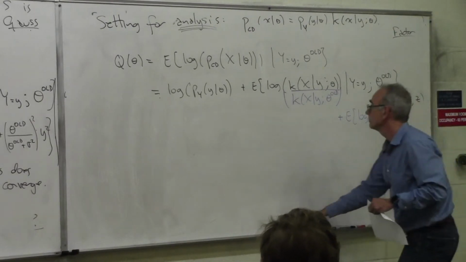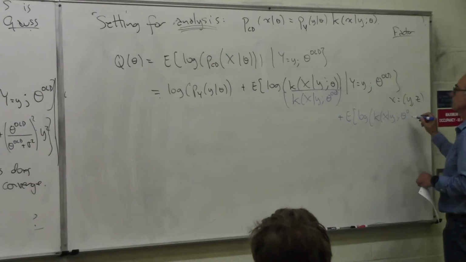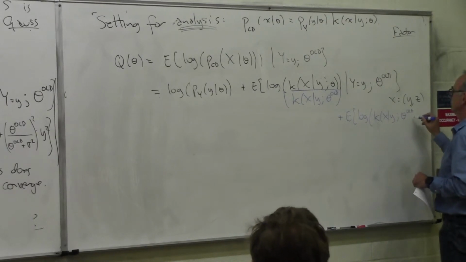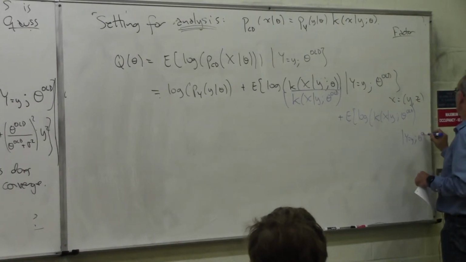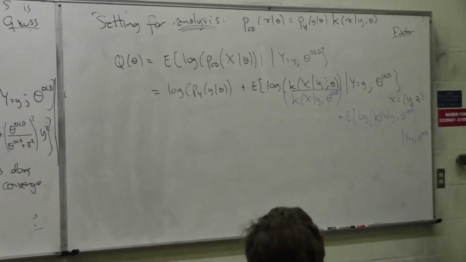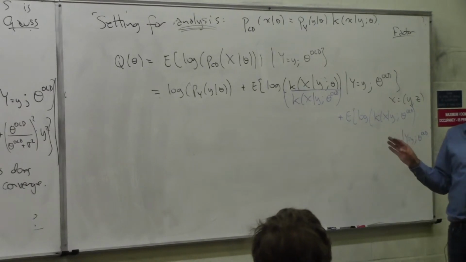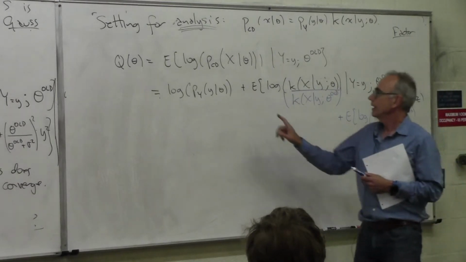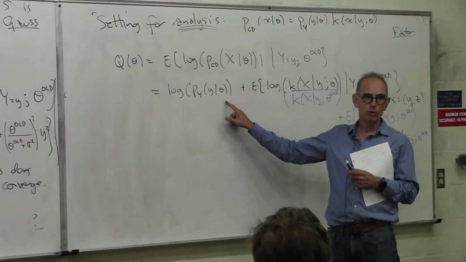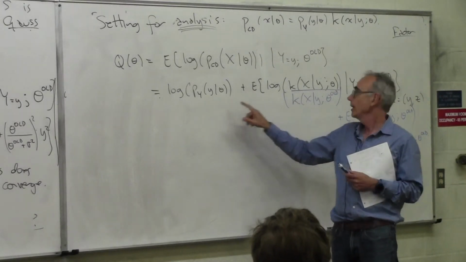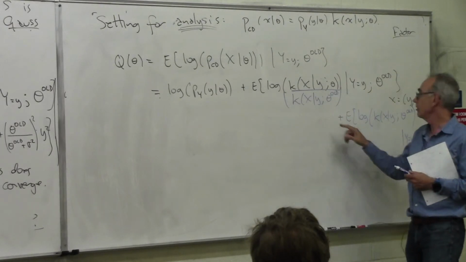So what I've done here is I've said that Q of theta, the thing that I have to maximize, is exactly the thing you maximize for maximum likelihood estimation, plus the relative entropy. This doesn't make any difference.